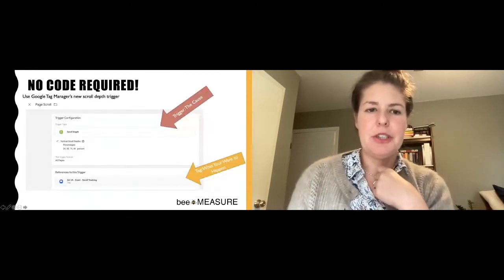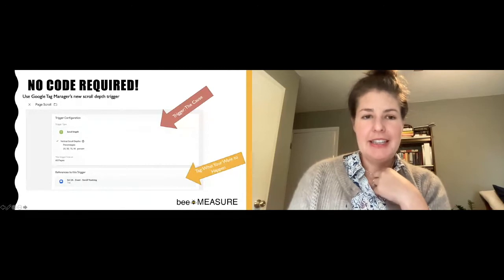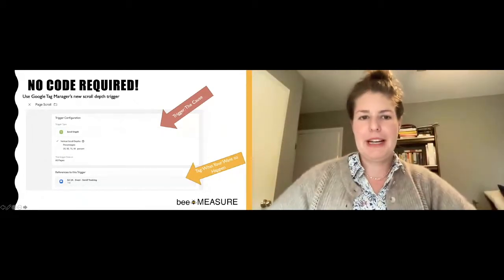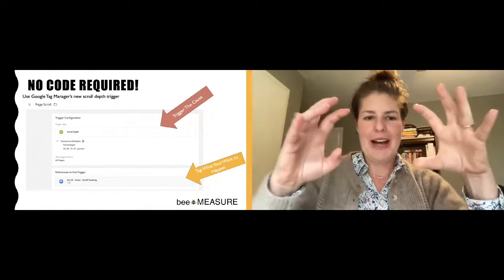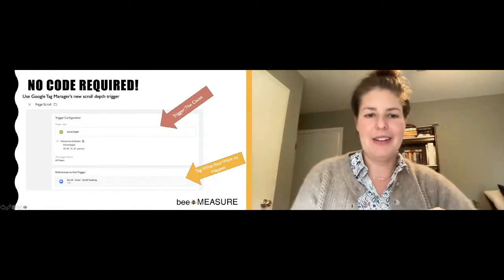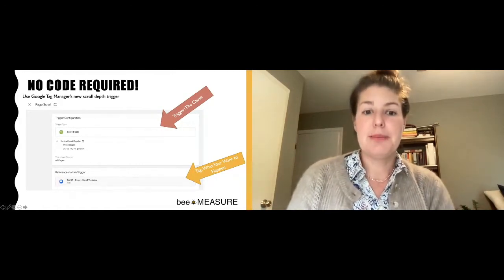So you can use this scroll depth trigger in Google Tag Manager and tell it, I actually put these in here, 25, 50, 75, 90%. Okay, when people reach these percentage marks down the page, so this is the when, what do you want to happen? Well, I'm going to tell Google Analytics that somebody scrolled to this place on the page.